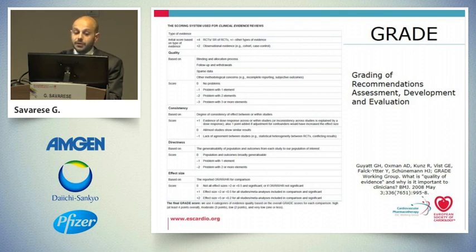There are several ways. One of these is the GRADE. That's a flow chart, and we give a score to each study according to these points. At the end, we will be able to understand if we included good or bad studies in our meta-analysis according to the total score of each study.